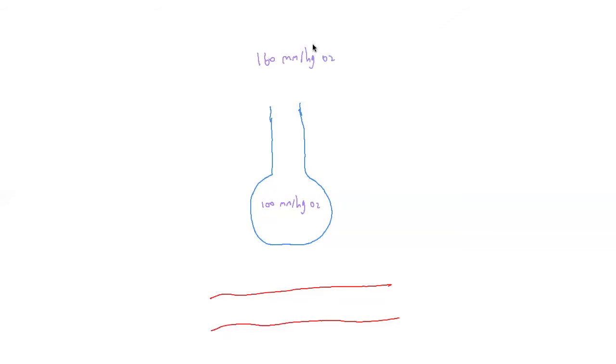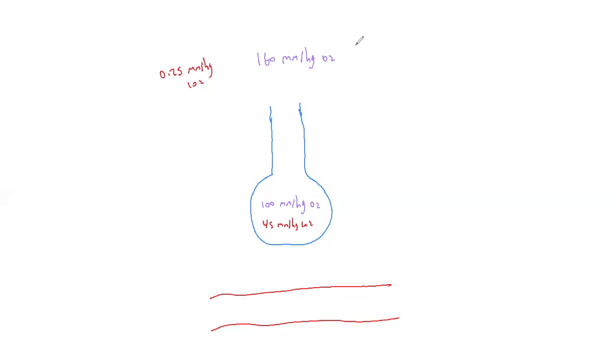Now, we also saw that in the atmosphere, the partial pressure of CO2 is incredibly small. And in the alveoli, it's actually going to be more like somewhere around 45 millimeters of mercury CO2. Now, each gas travels down its own partial pressure gradient.